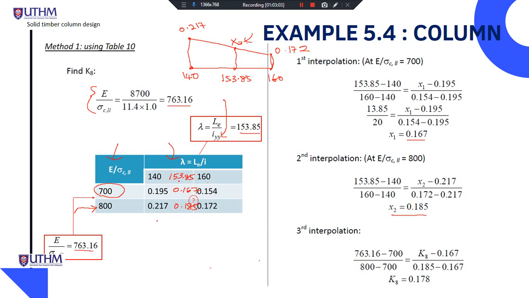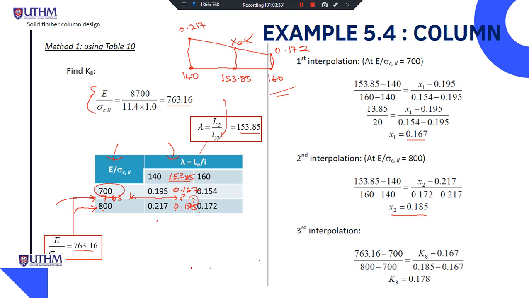Under this column, 153.85, at 700 the K8 is equal to 0.167, and at 800 the K8 is 0.185. So how much is the K value at 763.16? We use the same concept here.